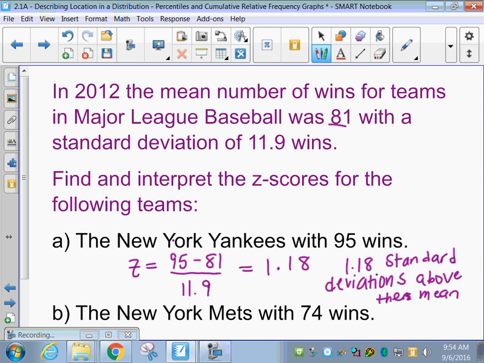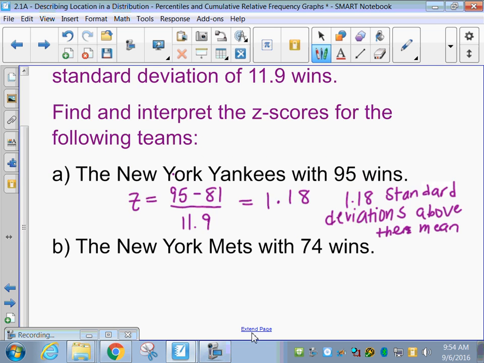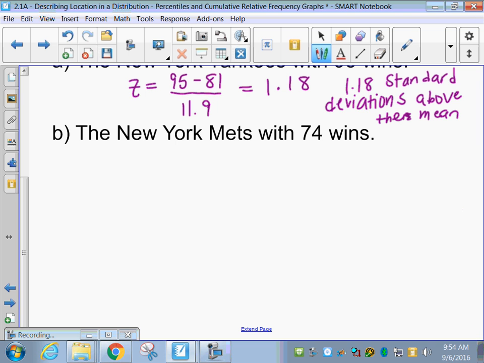Okay. All right. So now we got this other team right here. The New York Mets didn't do quite as well. They had 74 wins that season. So we take the z-score. We have 74 minus 81, because that was the mean, divided by the standard deviation. Okay, you should get negative numbers when someone is below the mean.